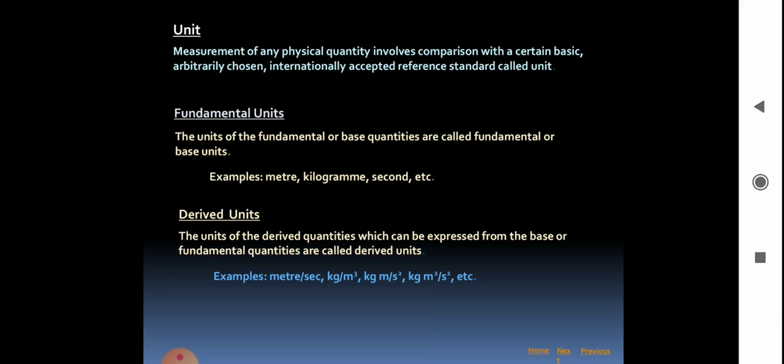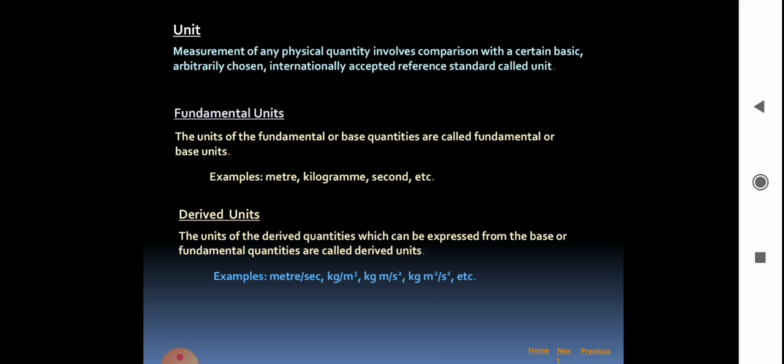So derived units are always derived from fundamental units. Their origin is fundamental units. So what are derived units? A unit of a derived quantity which can be expressed from the base quantities is called derived units.